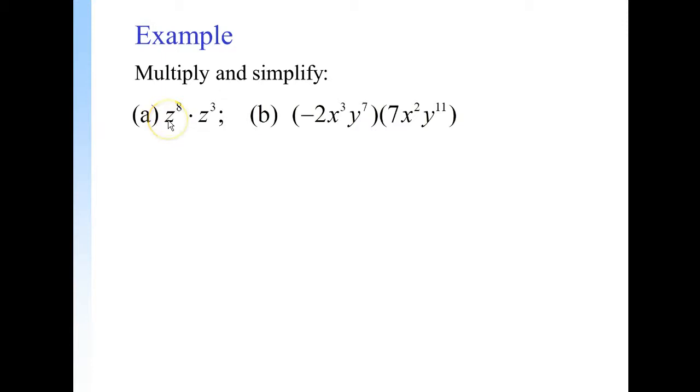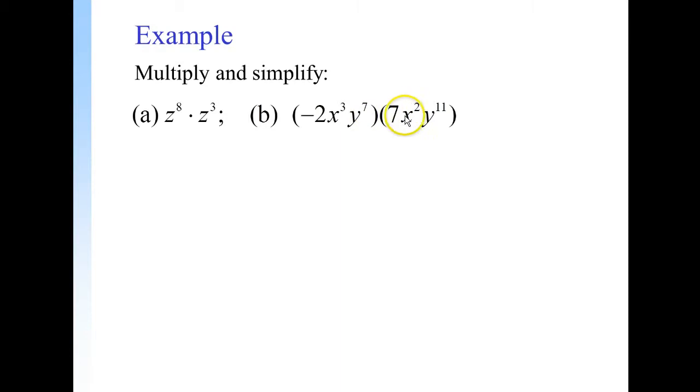So let's do this one. Z to the 8th times Z to the 3rd. Well, the bases are the same, so we're just going to get Z to the 11th here. Now for this one, we have some numbers to deal with, so we're going to multiply a negative 2 times 7 and get negative 14.